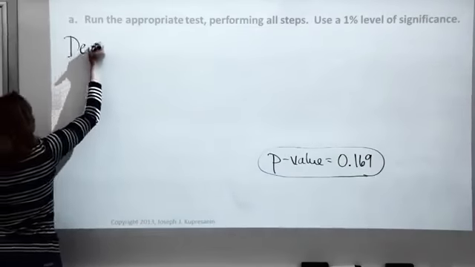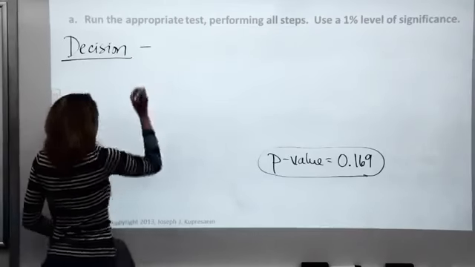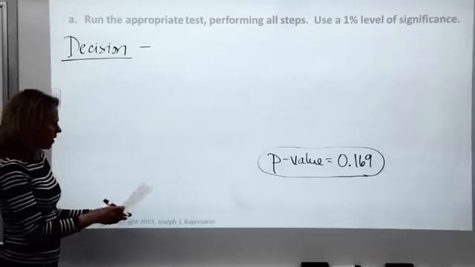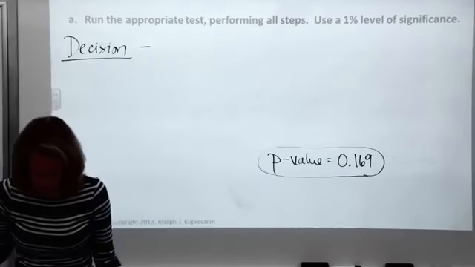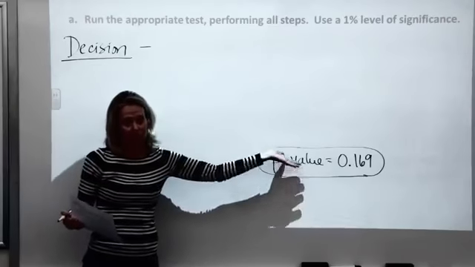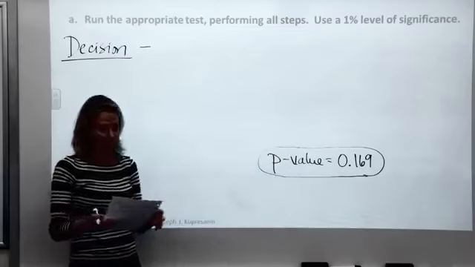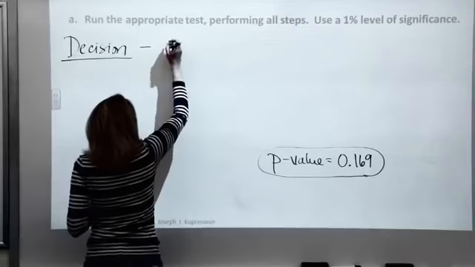So our decision, since that p-value is big, and actually I think in this one you were even given a level of significance. We were supposed to be comparing this to a 1% level of significance, 0.01. Clearly that's bigger than 0.01. So maybe we'll even say this.